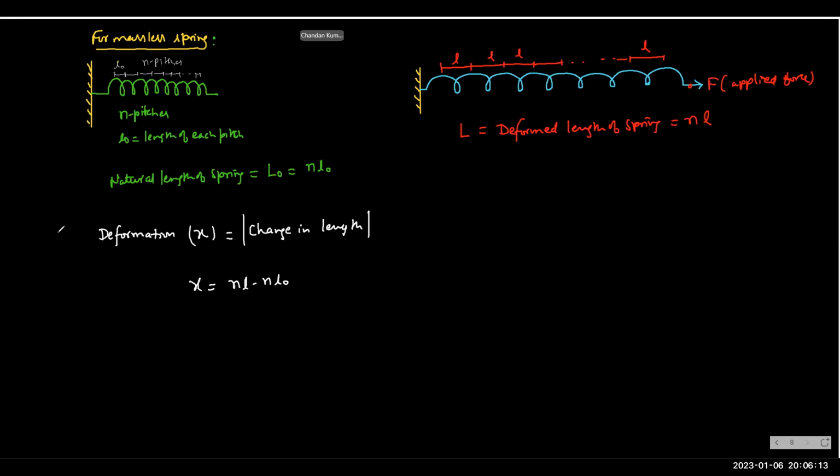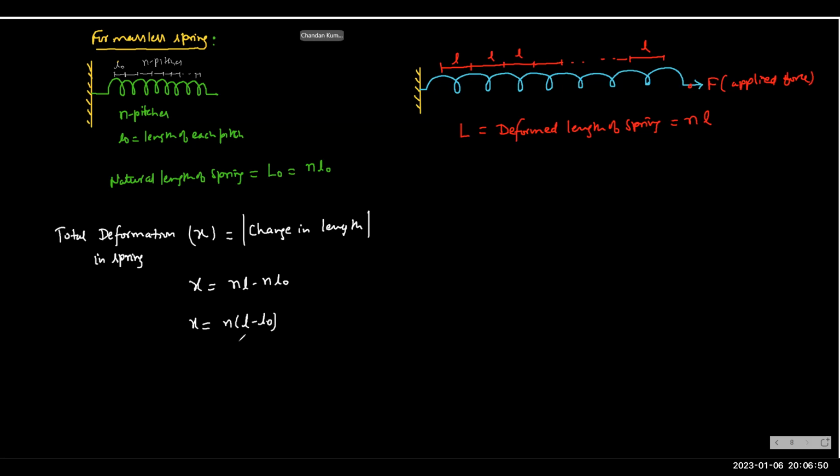So the total deformation in the entire spring is how much? Tell me. NL minus NL naught. And therefore, what you need to understand is that as the number of pitches grows, as the spring becomes bigger and bigger, it will also suffer more and more deformation.